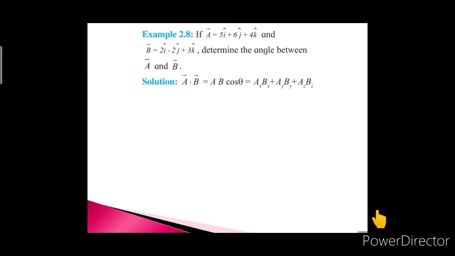Over here we are taking the dot product of the two vectors, that is vector A and vector B. So it is to be written as vector A dot vector B, which is equal to AB cos theta.